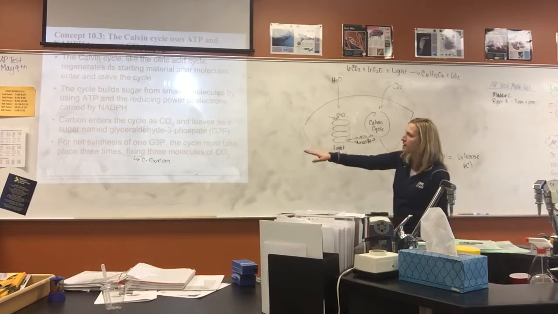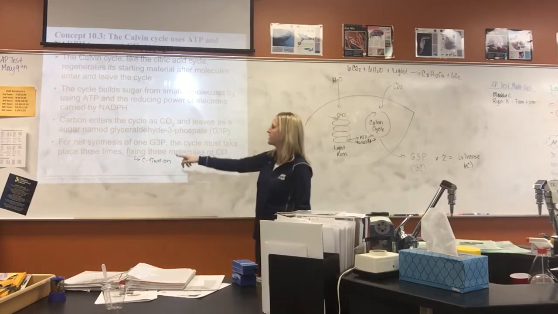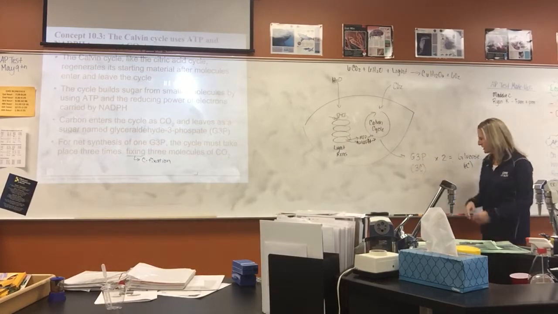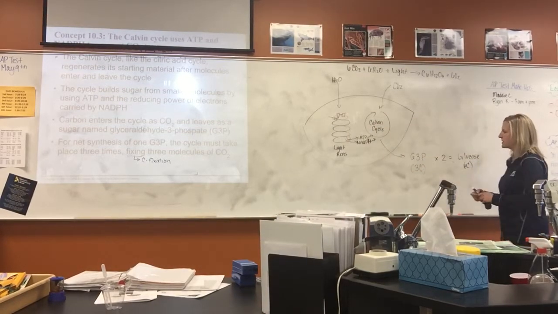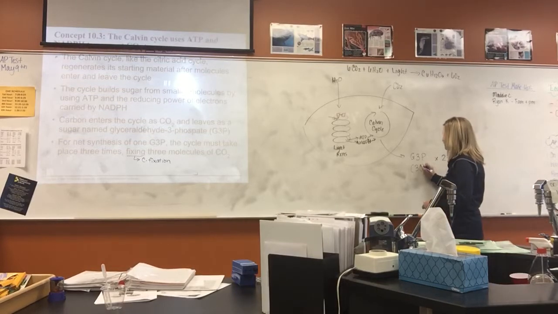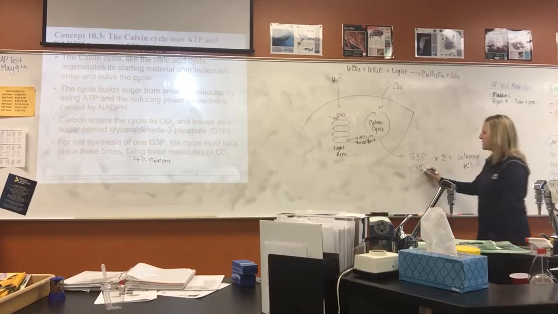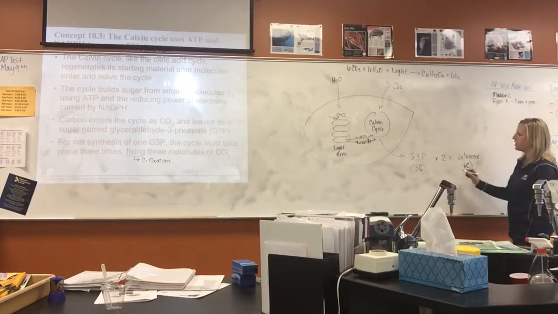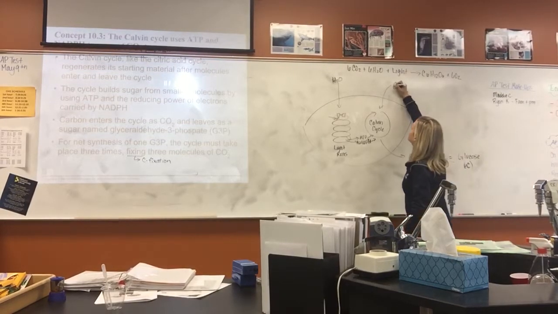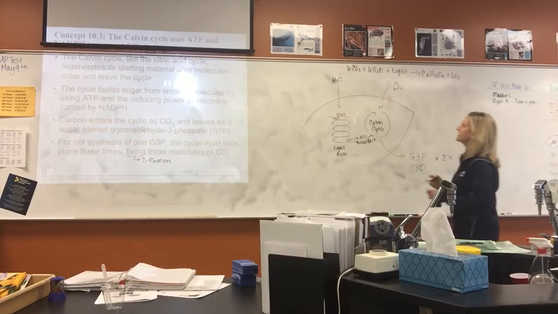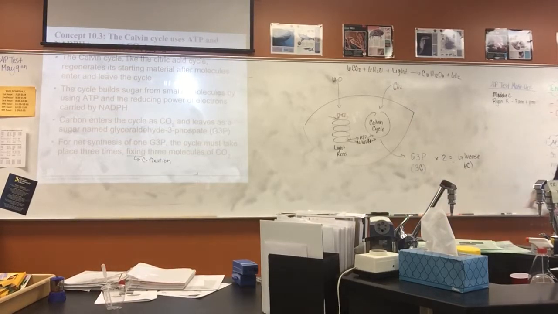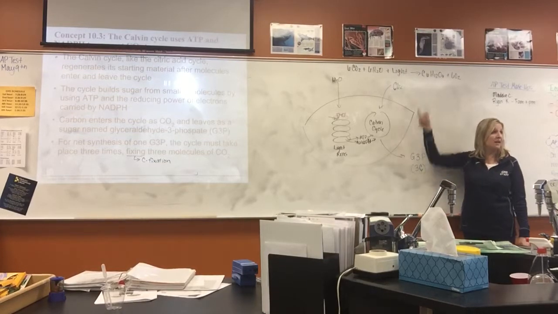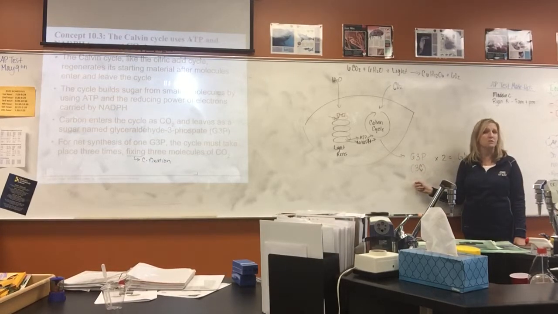So let me talk about why this cycle takes place 3 times. At the end of the cycle, do you see how you get a sugar that's 3 carbons big? Where does the carbon that is going to be part of the G3P, and eventually part of glucose, come from? It originates as the carbon coming in as CO2. So to get 1 G3P, you need 3 carbon dioxides to make your 3-carbon sugar molecule.